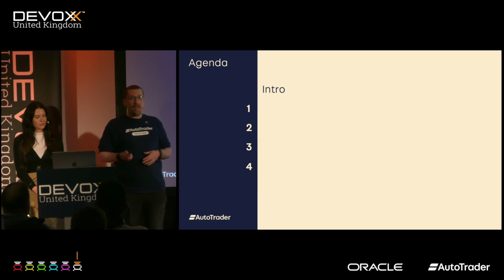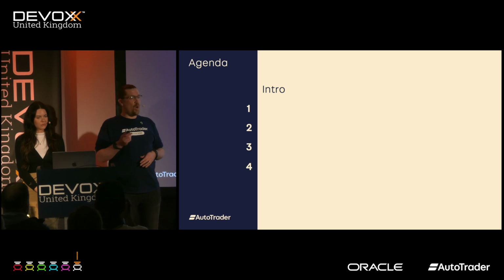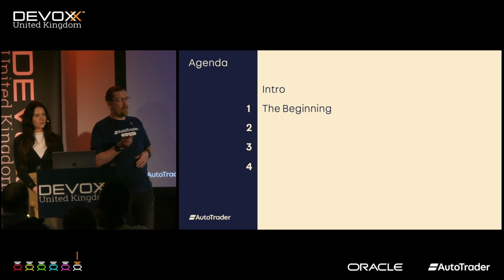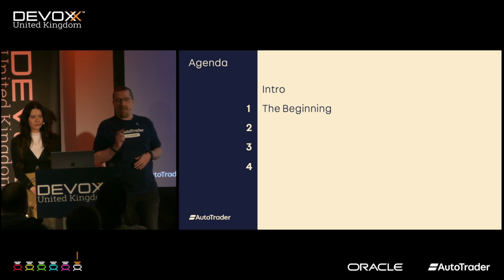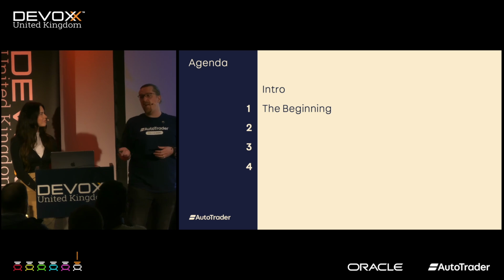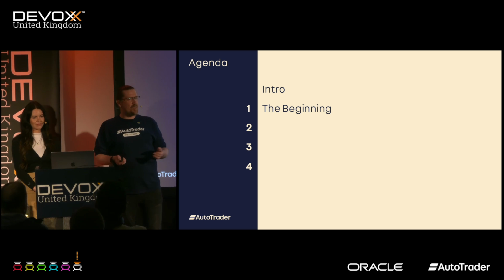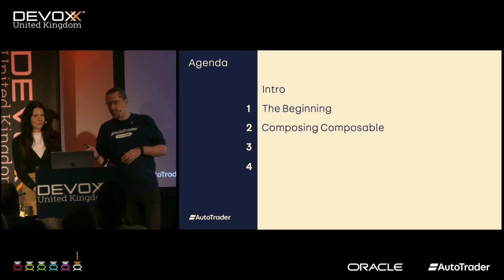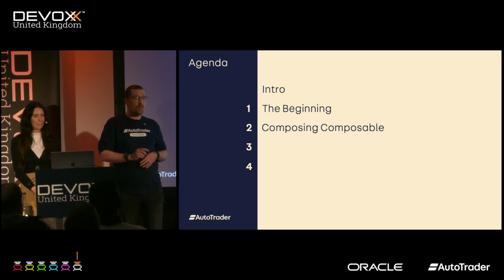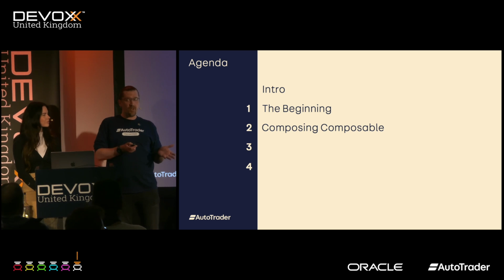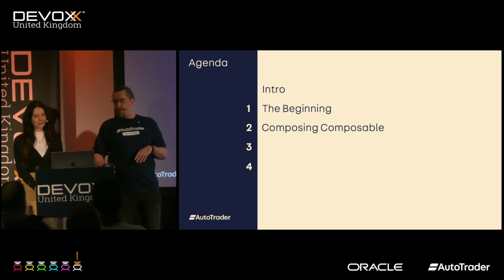In our talk today, we'll start off with the intro, which is what we're in now. Then, as all good stories do, we'll start at the beginning, which will go over why we decided to move to server-driven UI, a bit about what it is, and a bit about the challenges we faced. Composing Composable, we'll go over what we built and how we built it.